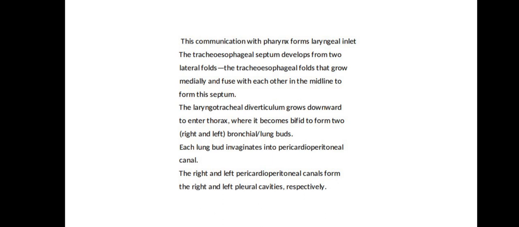Therefore, there are 5 pharyngeal arches: the first, second, third, fourth, and the sixth. Now, the laryngeal cartilages developed from the mesenchyme from the neural crest cells. Let me show you the slide pertaining to that.